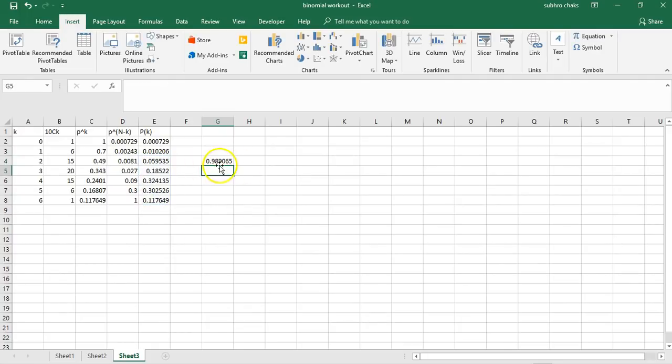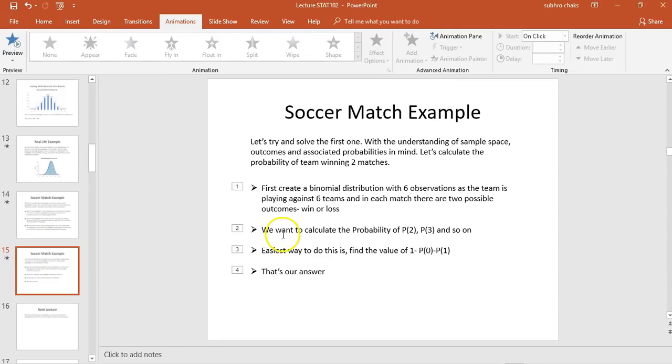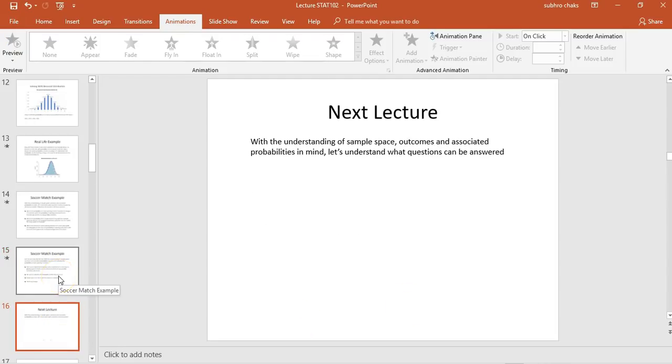Basically the team has a 98.9% probability of winning 2 or more matches. So the team has a 98% chance of winning at least two matches, or that means it can win 2, 3, 4, 5 or 6 matches. So this is our answer. There's a 98% probability. So this is basically what I wanted to discuss in this lecture.